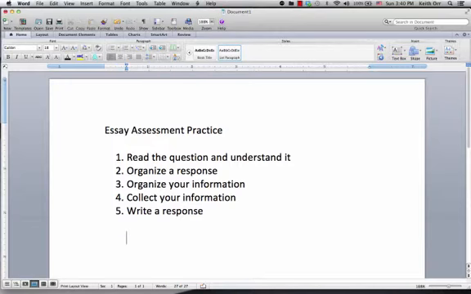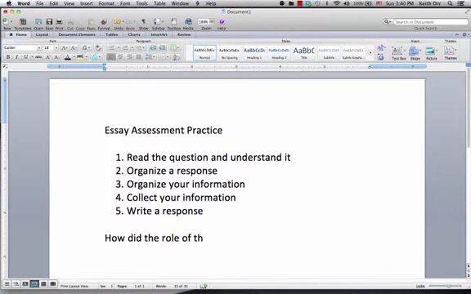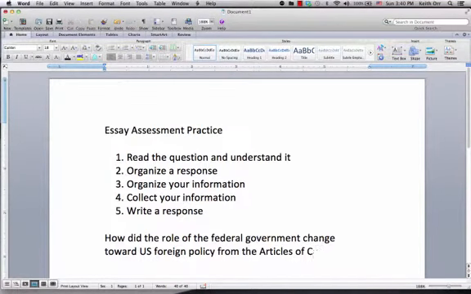Okay, so the question that I'm going to practice and show you work on is, how did the role of the federal government change toward U.S. foreign policy from the Articles of Confederation to the Monroe Doctrine.